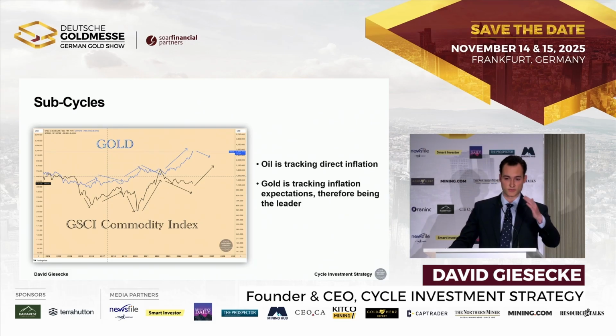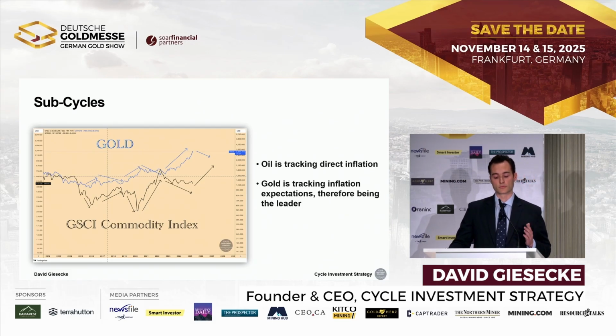And you can see this flip-flopping of gold leading the commodity pack, and commodities following with a time lag. This is because oil is tracking direct inflation or is producing inflation itself, and gold is tracking inflation expectations and therefore being the leader of the commodity space.